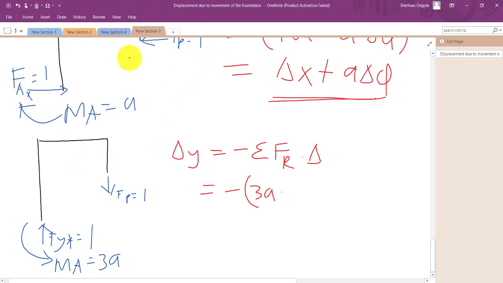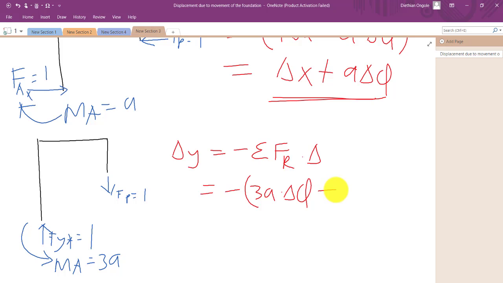So that is times delta phi. Then if you look at the vertical displacement and the vertical force of reaction, we see that they are opposite. The displacement was downwards, but the reaction is upwards. So we add a negative.